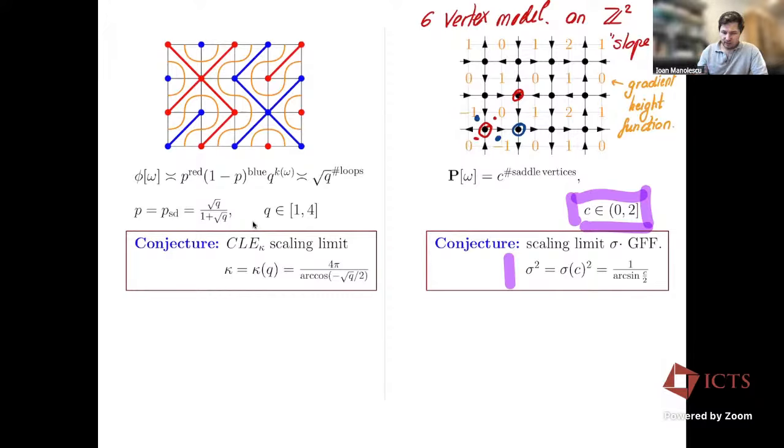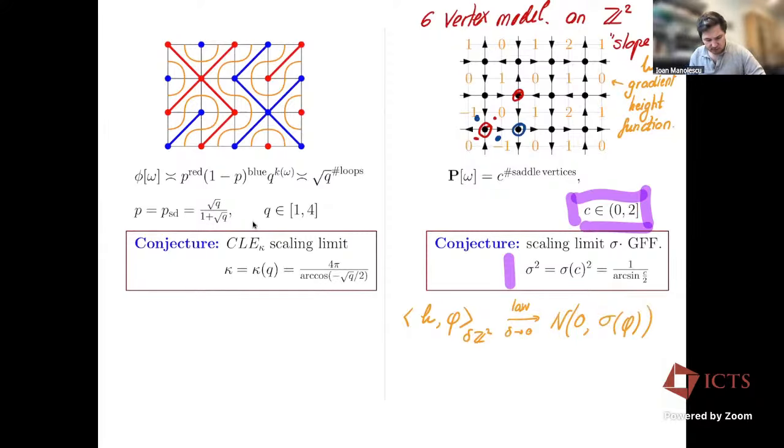It doesn't have a pointwise value. But for us, that's not very important. I can show you exactly what it means to converge to the GFF. It means that if you look at the height function that we've defined, I'll call it H, the one given by the 6-vertex model, and you take H and test it against some test function phi, but H, instead of defined on Z2, defined on delta Z2, this converges as delta goes to 0 in law to a normal variable with some variance that depends on phi.